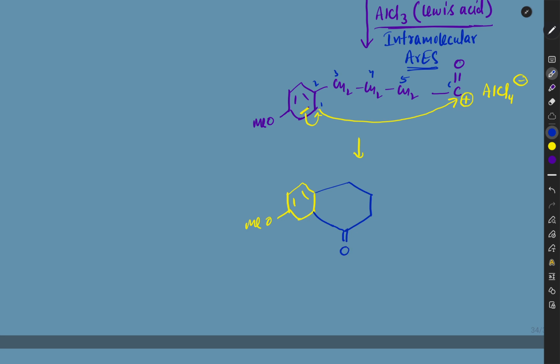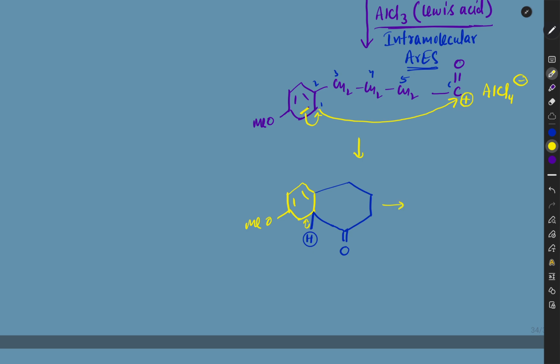Now since the aromaticity is being lost during this cyclization, or during this intramolecular electrophilic substitution, the hydrogen which is still attached to this carbon center will get eliminated. It will undergo deprotonation, and aromaticity will be regained, which is a very crucial step in the mechanism of electrophilic substitution reactions, right?